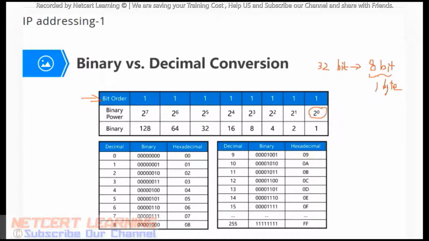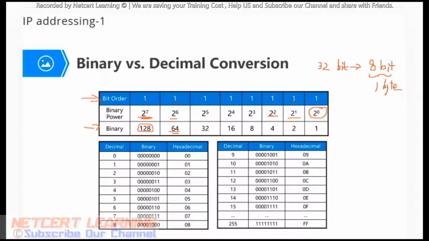The last one is 2 to the power 0, the second is 2 to the power 1, the third is 2 to the power 2, and so on, up to 2 to the power 7. In decimal, 2 to the power 7 means 128, and 2 to the power 6 means 64. We can calculate each bit value.